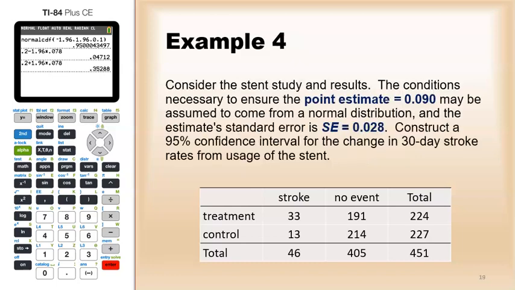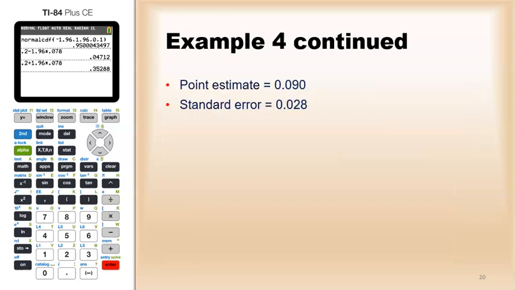Consider the stent we're studying. The conditions necessary to ensure that the point estimate of 0.09 may be assumed to come from the normal distribution, we'll go ahead and assume are met. And let's also assume the standard error is 0.028. Let's construct a 95% confidence interval for the change in the 30-day stroke rates between the treatment and control groups. Point estimate is 0.09, standard error is 0.028.